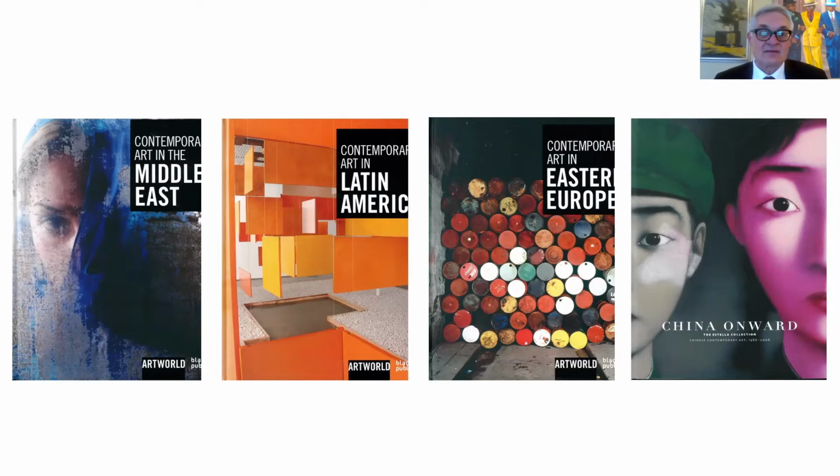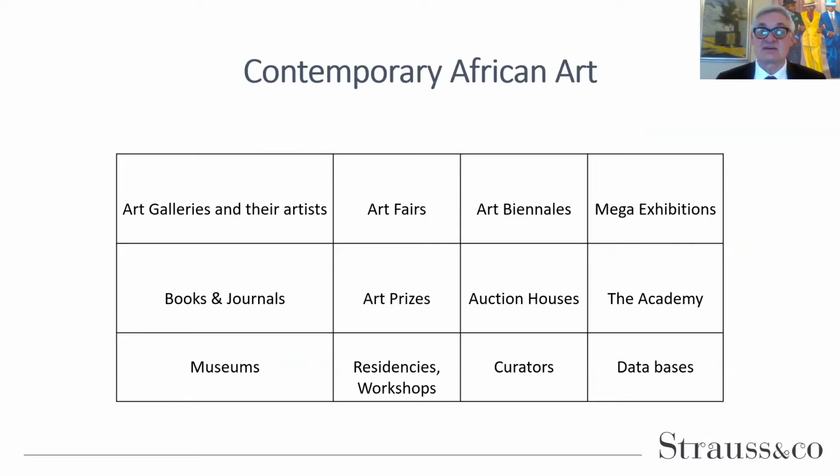And as a result, if you just take contemporary African art, you can see that identity is propped up by quite a number of institutions, activities, and the like, such as new art galleries in Africa and their artists in their stable, art fairs, art biennales, mega exhibitions locally and overseas, books and journals, art prizes, auction houses, the academy, museums, residencies, curators, and a number of art databases talking about contemporary African art.